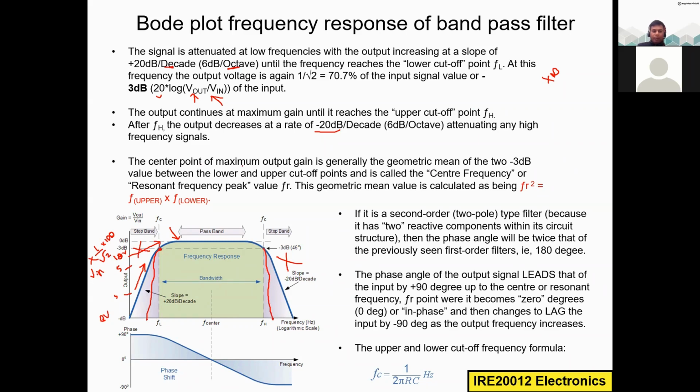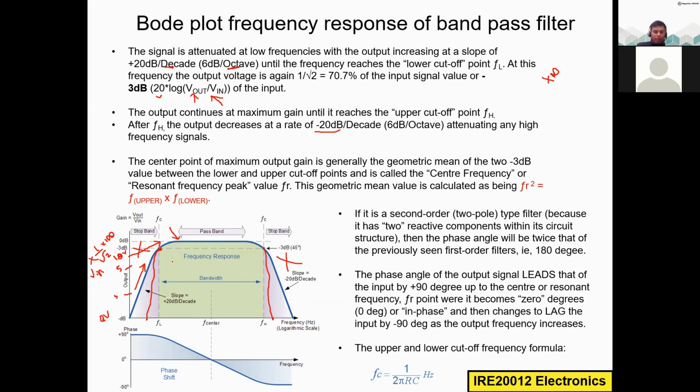The center point of maximum output gain is generally the geometric mean of these 2 minus 3 dB values, between the lower and upper cutoff frequencies. This is the center frequency, so this F center is exactly in the midpoint of this FL and FH. This is also called the resonant frequency.